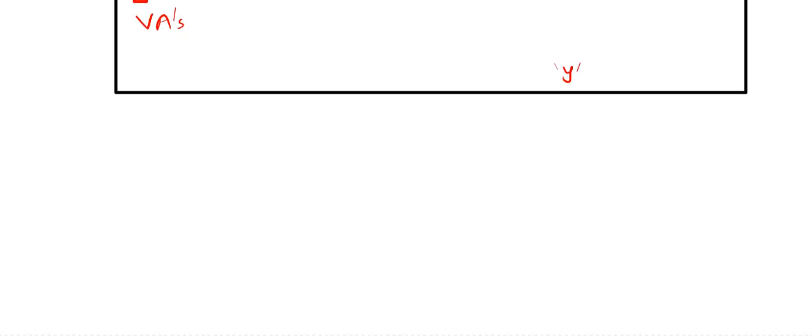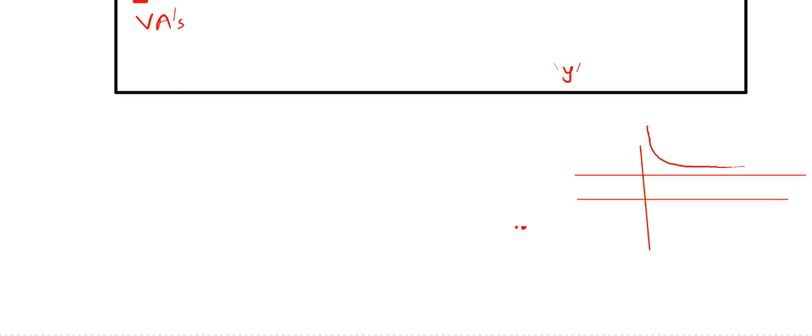Now the third case, the oblique asymptote. You saw that our horizontal asymptote will always be parallel to the x-axis, and the vertical asymptotes will be parallel to the y-axis. An oblique asymptote means it will be parallel to any random line.